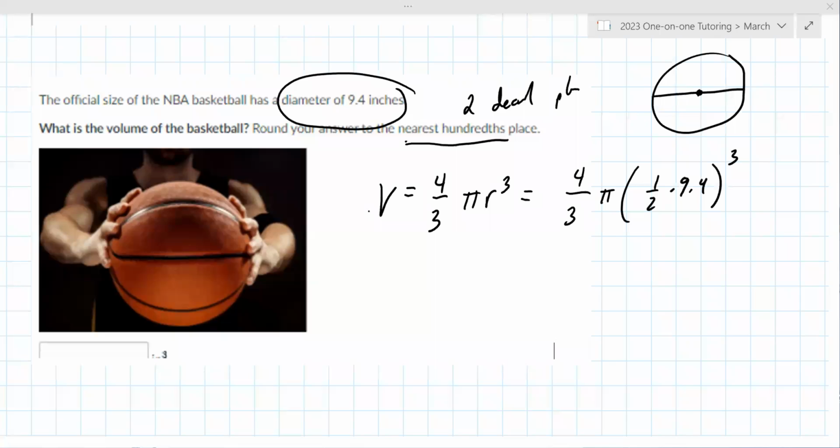Oh wait, so it's 4/3 times pi times 1/2 of 9.4. That's right. And then you cube it, and you can do that inside parentheses, or you can do it off to the side and use the value, whatever you normally do.